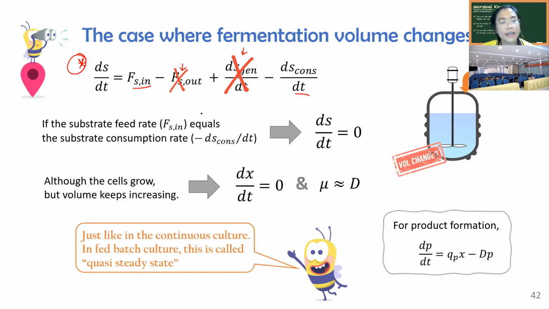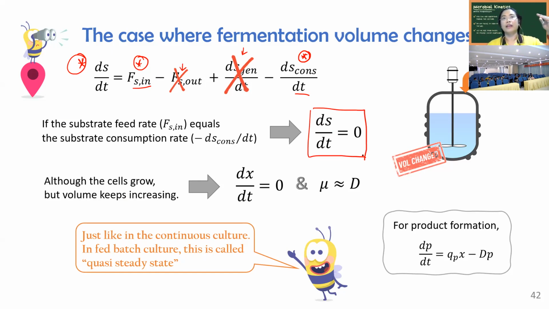So in fed batch, if the substrate feed rate equals the substrate consumption rate, that means you feed in at a rate matching how fast the cells use the substrate. The change in substrate will be 0.